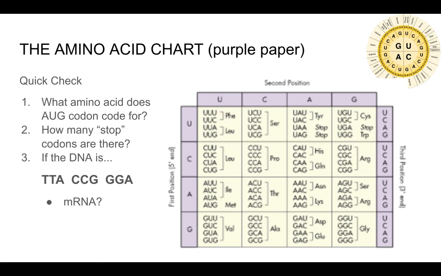And then I want you to translate it and tell me what the sequence of amino acids would be. So pause this video and do this check. I promise it will help you to know if you're doing it correctly before I just launch you out into the assignment. So pause the video, and when you're ready, come back and we'll check the answers.